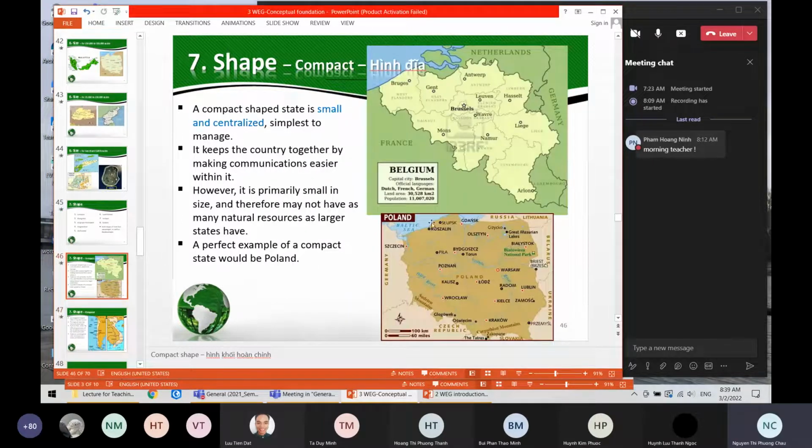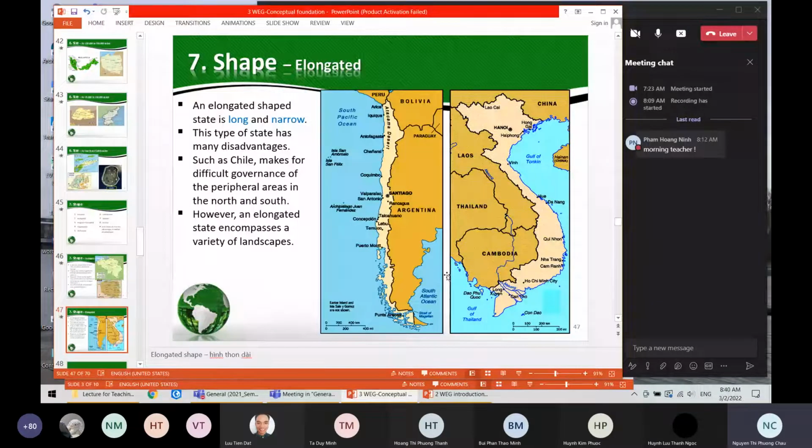In compactness, government is easy to connect, to control a whole nation, to communicate with people, and in this shape it is the opposite. The government has difficulty controlling and managing a whole nation, especially the peripheral area. Peripheral area means far distant, remote areas.